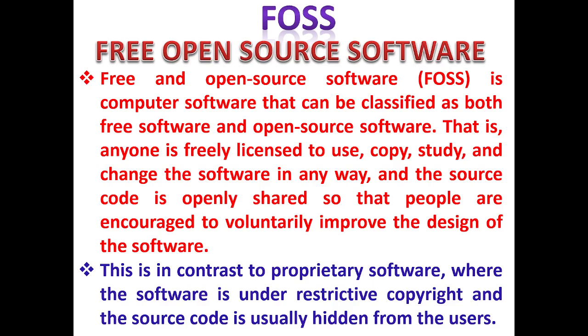It is in contrast to proprietary software, where the software is under restrictive copyright and the source code is usually hidden from the user. Now I have selected one free open source software that is highly effective dynamic software, GeoGebra, so that a teacher can select his own pedagogy in the classroom and make teaching highly effective.